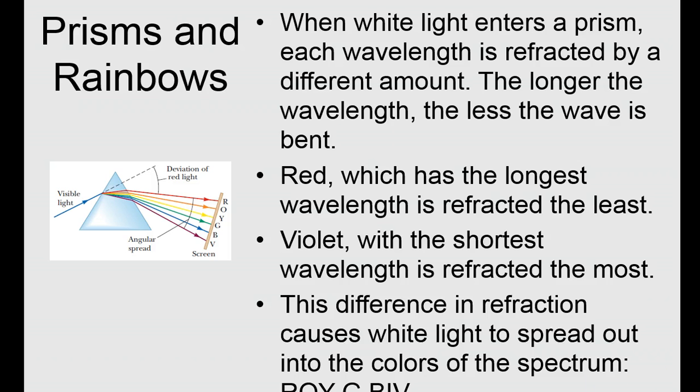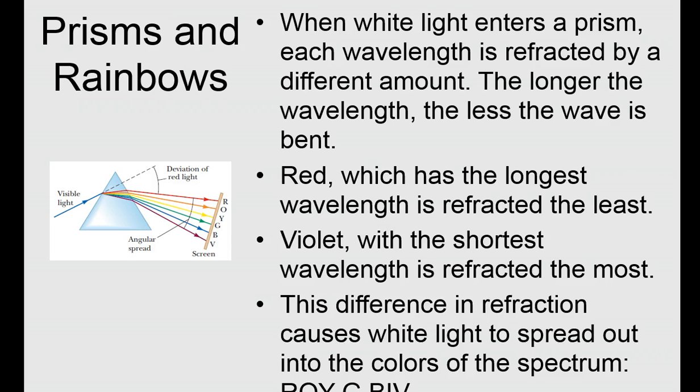Alright, prisms and rainbows, pretty stuff. When white light enters a prism, and you probably played with a couple of these in class, or you will when we do a lab, each wavelength is refracted by a different amount. This has to do with the electromagnetic spectrum. Every color of visible light has a different wavelength. The longer the wavelength, the less the wave is bent.